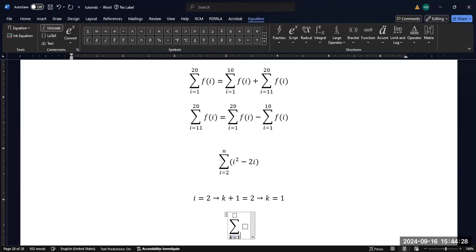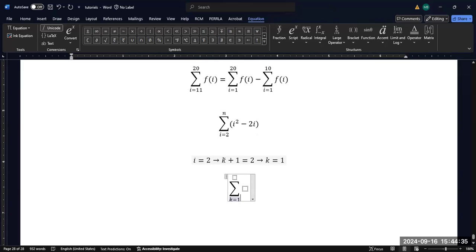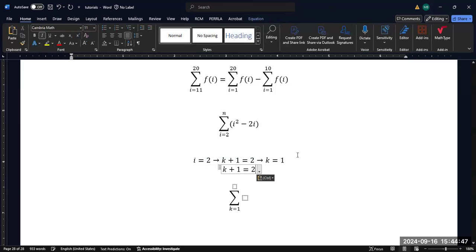So k equals 1. Another way of thinking about this, since there's a relationship between k and i, this is equivalent to saying k plus 1 is equal to i. So that's k plus 1 equals 2 is the starting value.